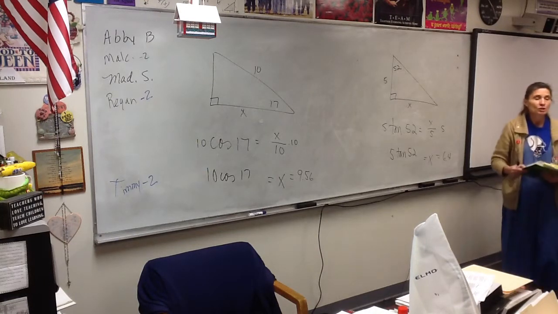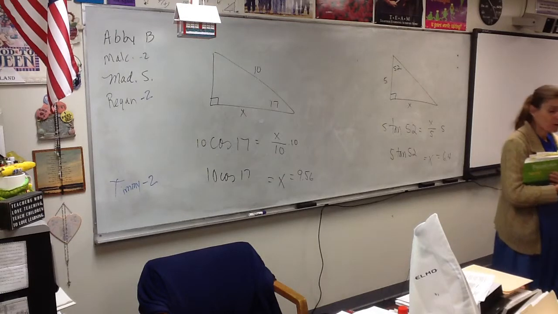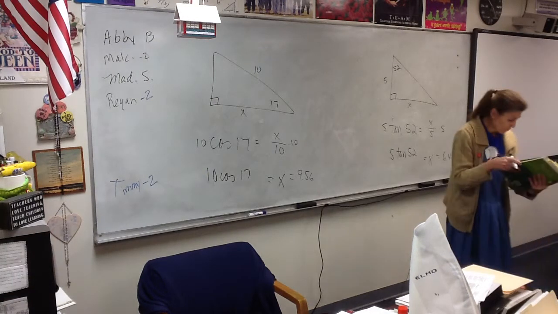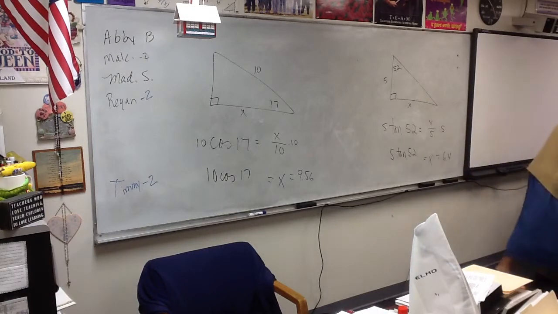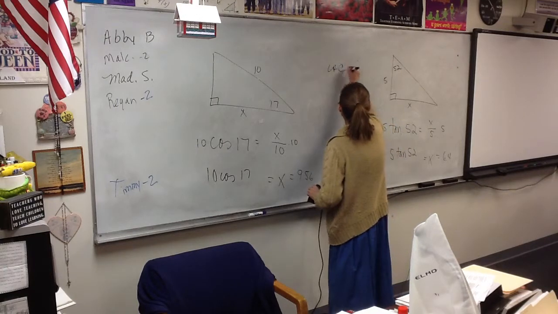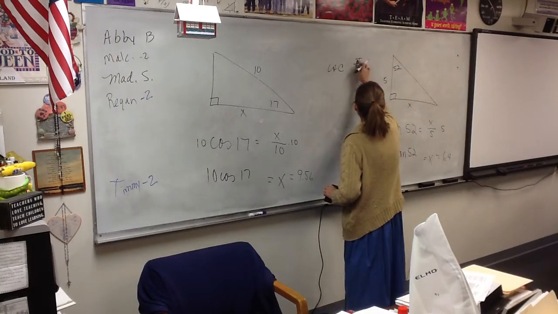Anybody have a question? Jack. 24 says find the cosecant of pi over 3.